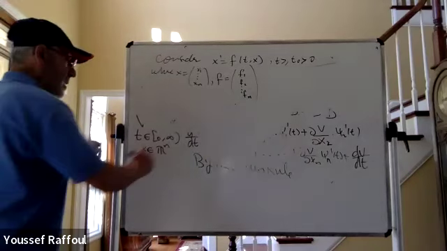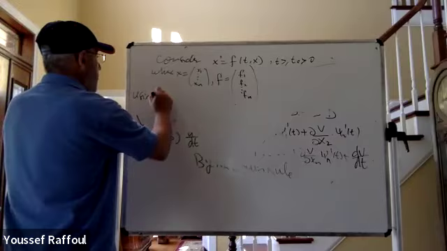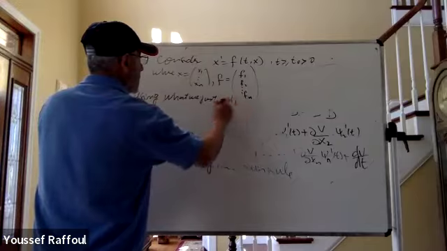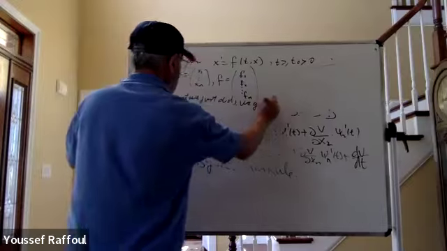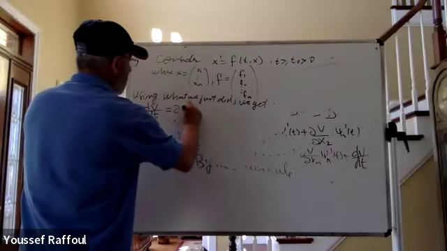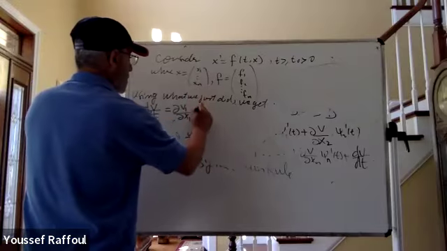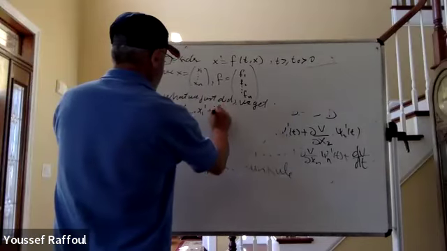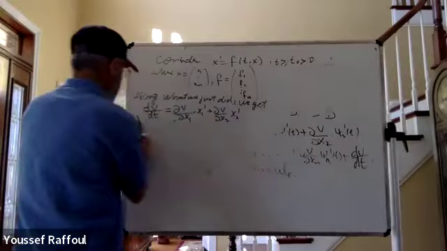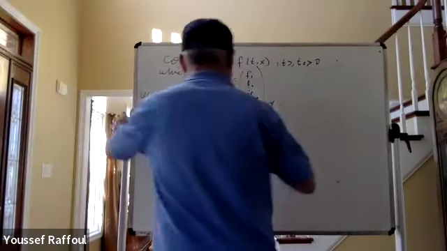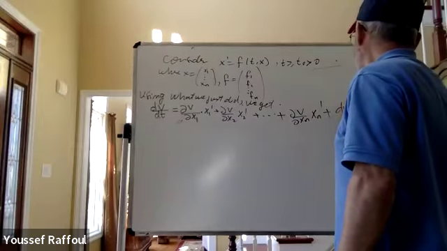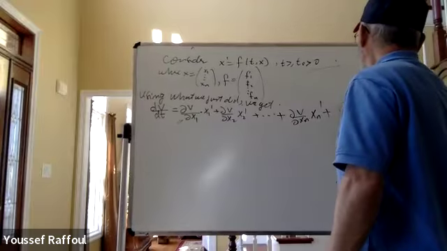So basically, using what we just did, we get dV over dt is equal to del V over del x1 times x1 prime plus del V over del x2 times x2 prime, plus del V over del xn times xn prime plus del V over dt.